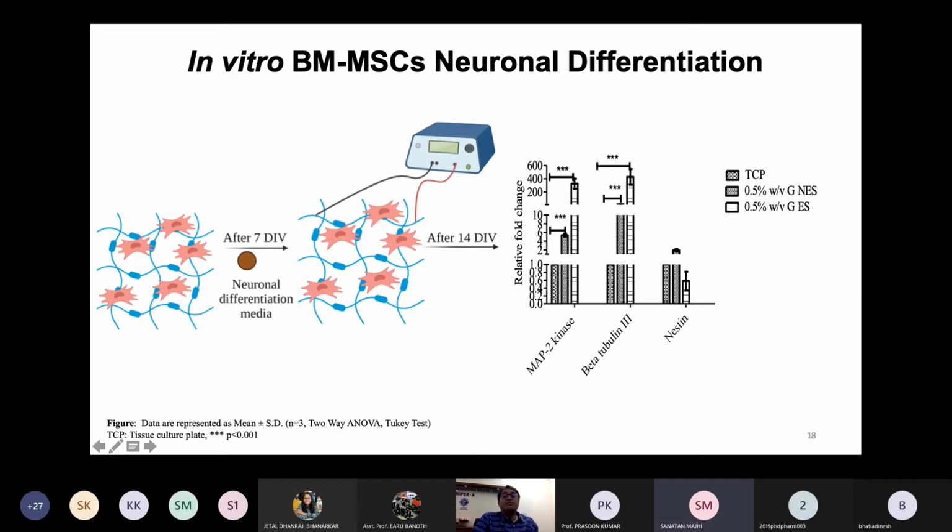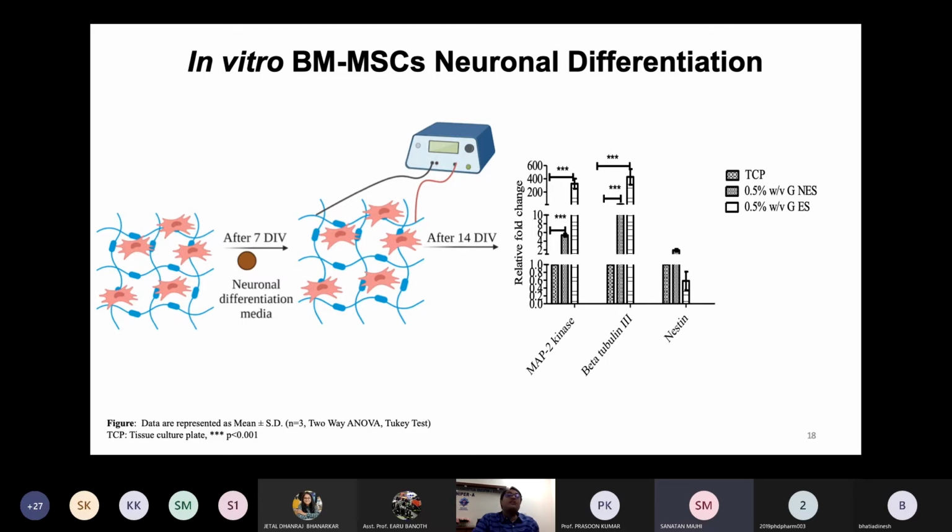Some of the markers which confirm neuronal differentiation are MAP2 kinase, beta tubulin, and nestin. Beta tubulin is a mature neuronal marker, and some are early neuronal markers. The 0.5% material significantly increases the expression of these markers, which confirms in vitro that these materials promote differentiation compared to the stem cell alone.